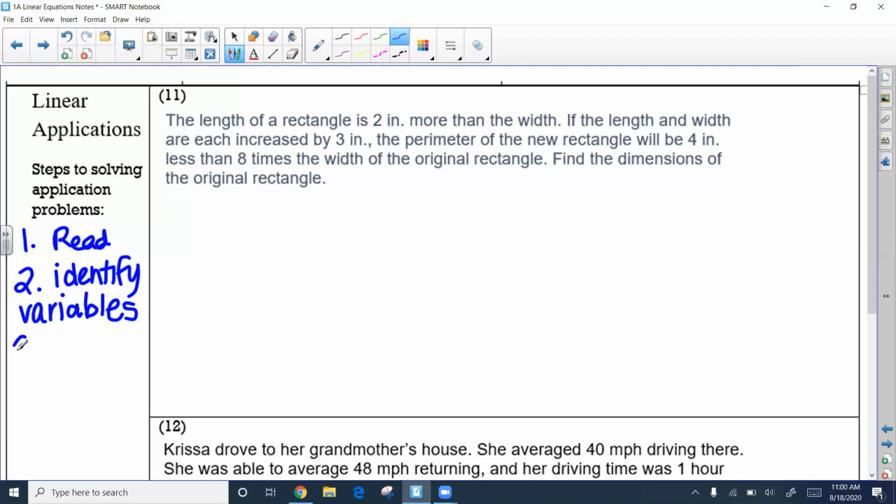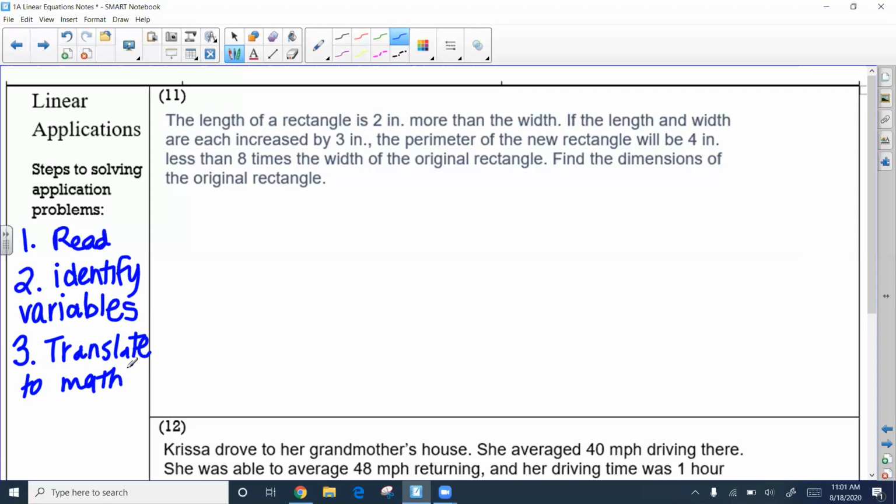Step three, we have to take all these sentences and translate them to math equations. So we have to look for keywords that represent mathematical symbols. So step 3, we want to translate to math.